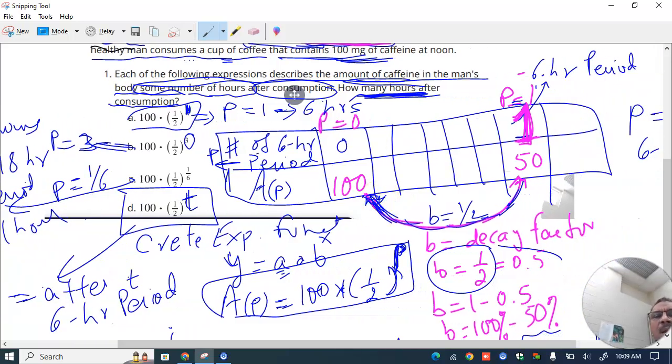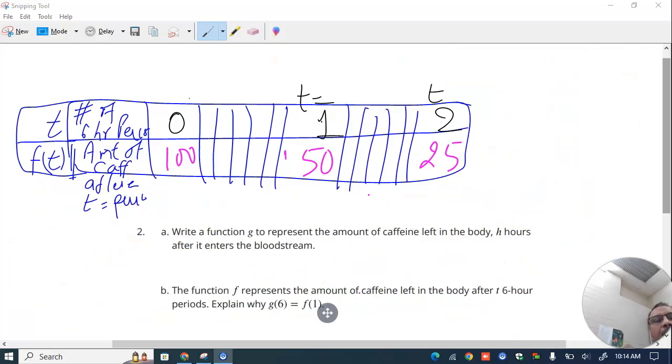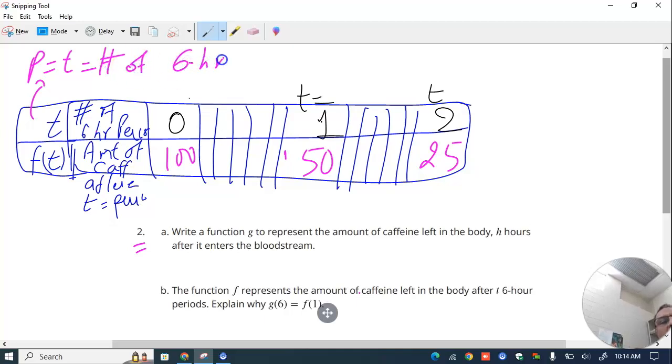And if you want to figure out the second question here, I tried to change this. First I took P here, and P is the same as the number of 6 hour periods. So the group of 6 hours is considered 1, 2, and so on. And this one I wrote F of T, even though I had taken M of P, and now I'm using T again because that's what they are giving in the problem.